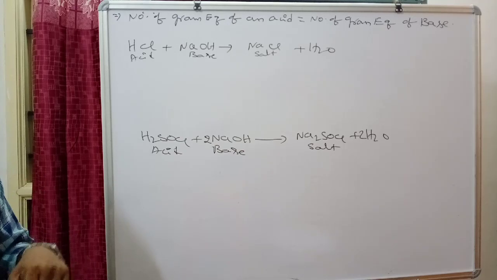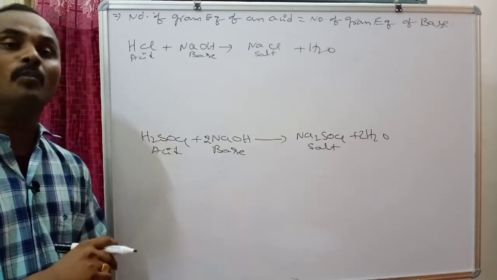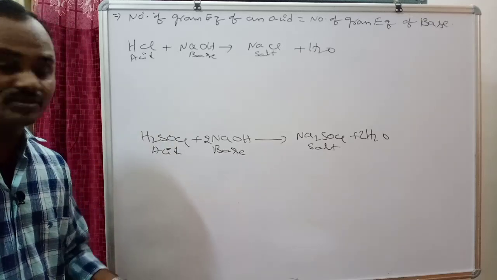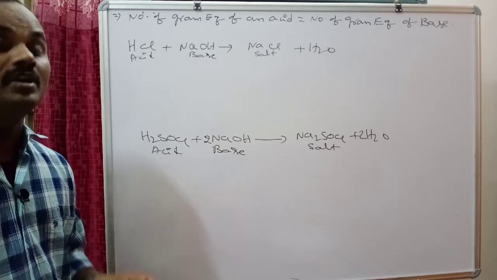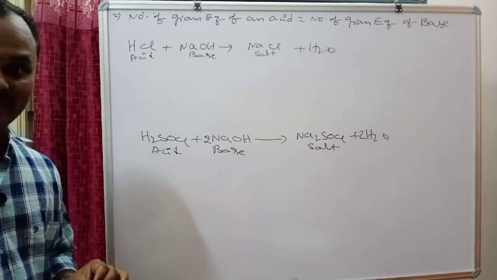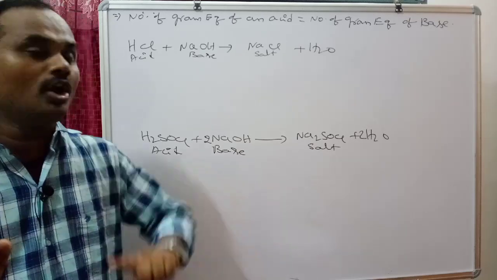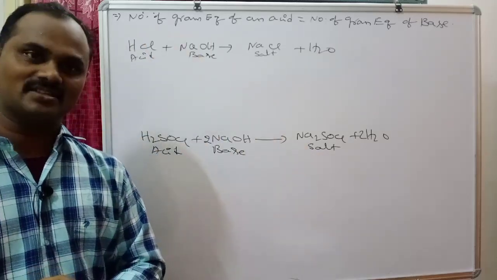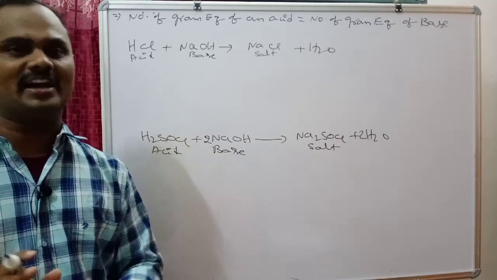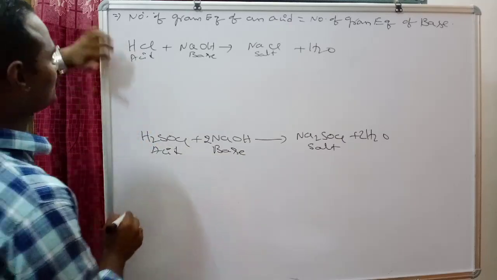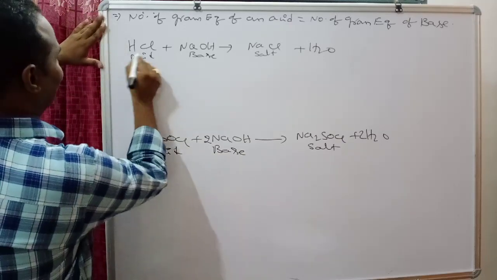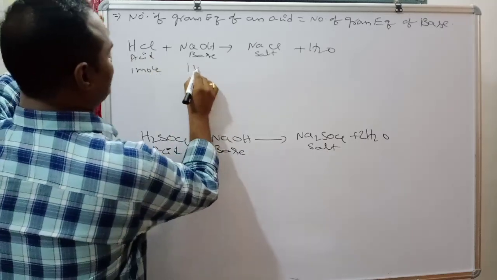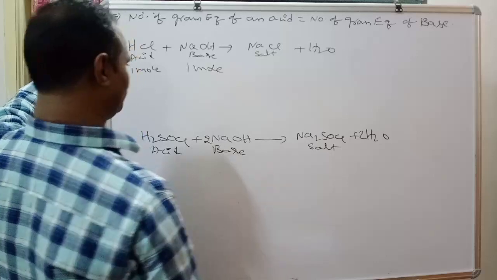But in this definition I didn't use moles. Moles may be equal or not equal, but we can't use moles in this definition. We should use gram equivalents. 1 gram equivalent of acid always reacts with 1 gram equivalent of base. Carefully see, for HCl I have taken 1 mole and sodium hydroxide 1 mole.